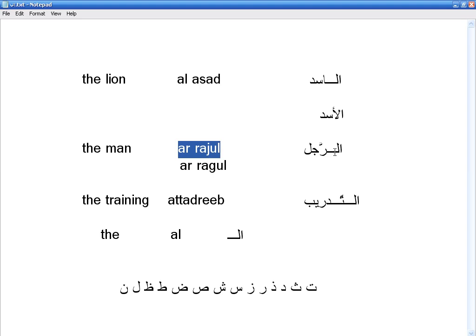So what happened is that I skipped that letter by not pronouncing it, and the whole word became just like that, ar rajul. I skipped that letter and didn't pronounce it, and I pronounce the letter which is right after it, and at the same time I doubled it.